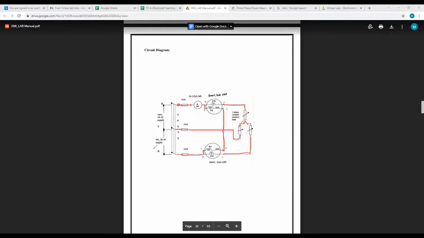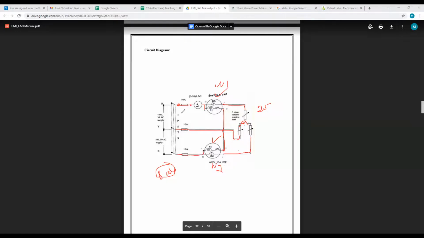Next, procedure: make the connection as per the circuit diagram. After connection, using the variable voltage, we vary the voltage, suppose 100 volt I have to give. The load I will set as 25 watt, 25 watt, 25 watt. Then I will switch on the supply. I will note down the reading of W1 and W2 here. Wattmeter 1 and wattmeter 2 will measure that.